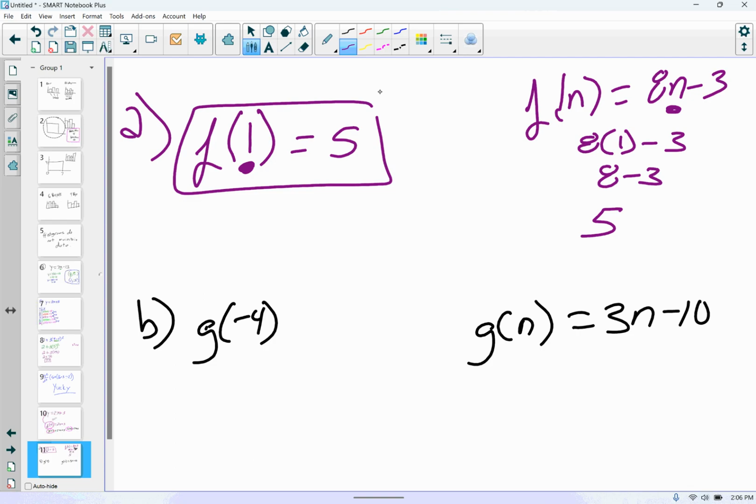Where did you get that from? I got the problem from the worksheet. Or do you mean why is it different than y equals? On letter A on the practice, they wanted you to do f at 1. Okay? It's called functional notation.